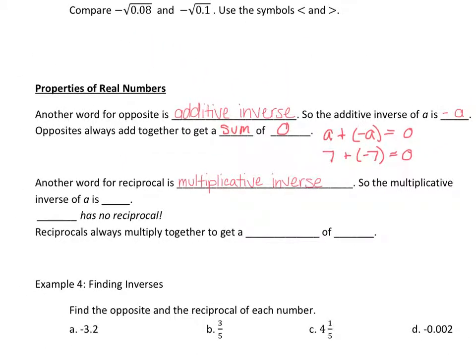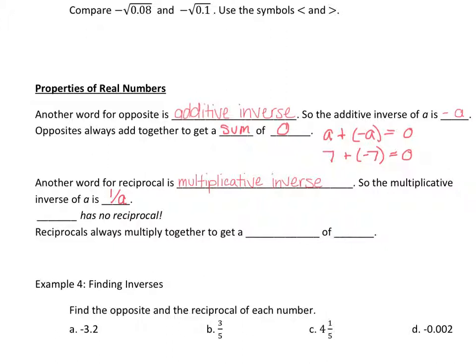So we have additive inverse, we have multiplicative inverse. Remember, multiplicative inverse is reciprocal. So the multiplicative inverse of A is what? 1 over A. You either flip the fraction, or if it's not a fraction, you just put 1 over whatever it is. So we've got 1 over A.